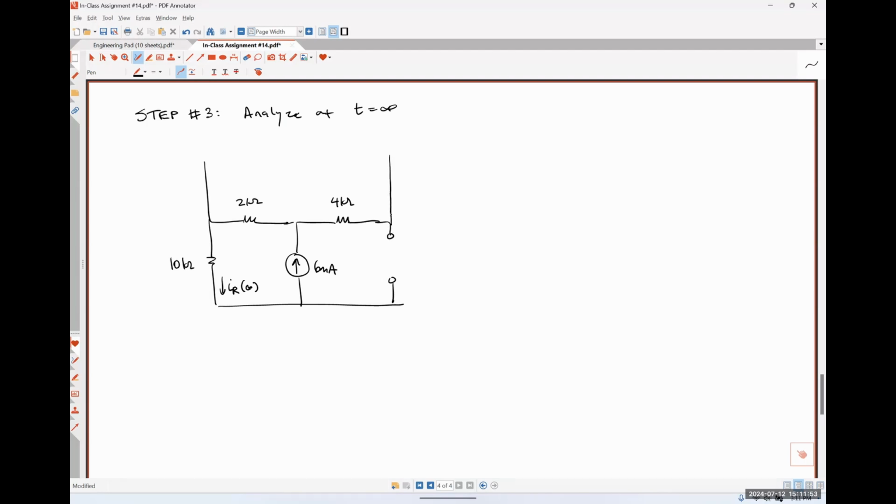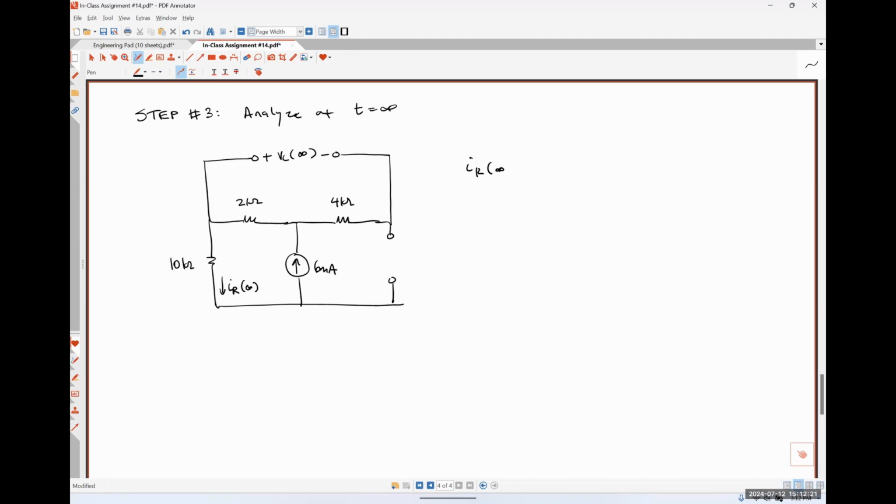And then what is my capacitor going to look like at t is equal to infinity? Open circuit. Open circuit. Thank you, Joey. Plus minus VC at infinity. So let's do the easy one first.